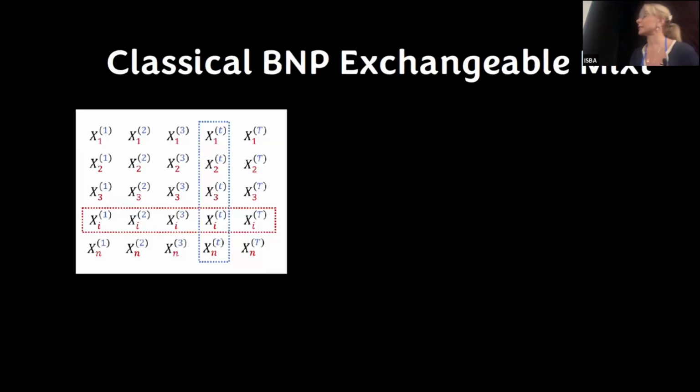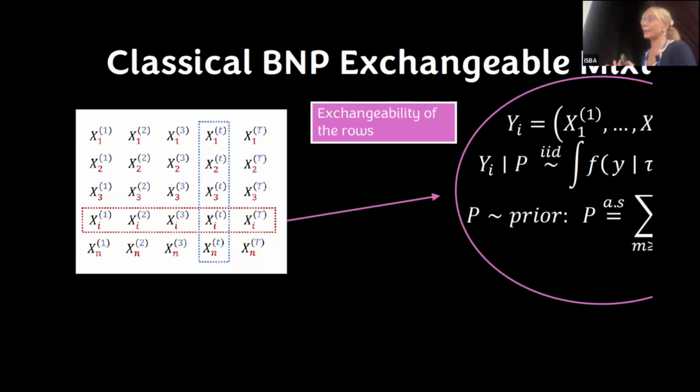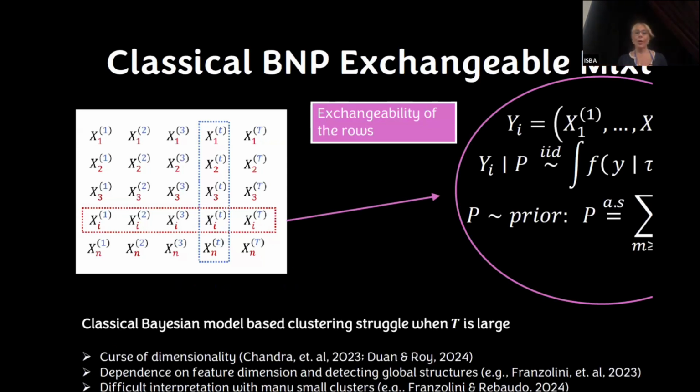Now, why can't you just use a standard classical BNP exchangeable mixture? You could plug all your features together into a huge vector Y, and then specify your favorite model-based clustering model, either a Dirichlet process mixture, or a finite mixture model with random number of components. You can do that, but as many people know, when T is very large, standard Bayesian non-parametric clustering methods struggle.